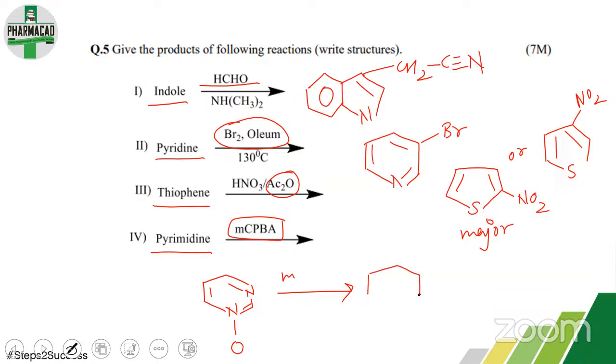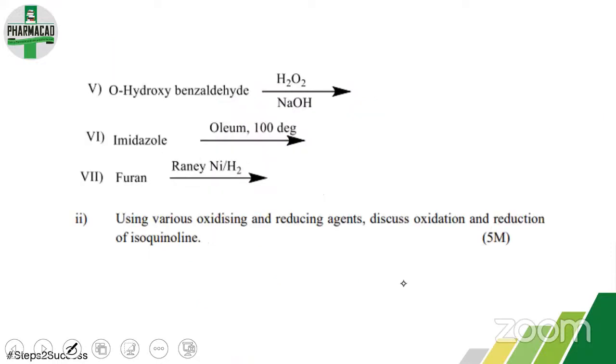So we will get N-oxide pyrimidine, and this nitrogen will be having positive charge. Okay, so these types of questions they may ask in the exams.